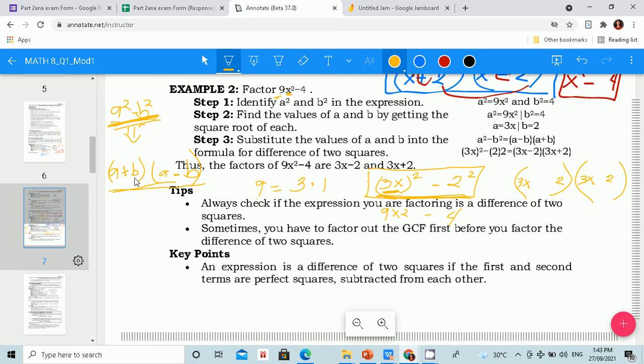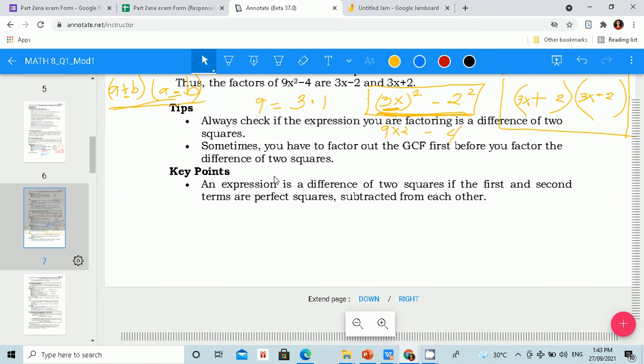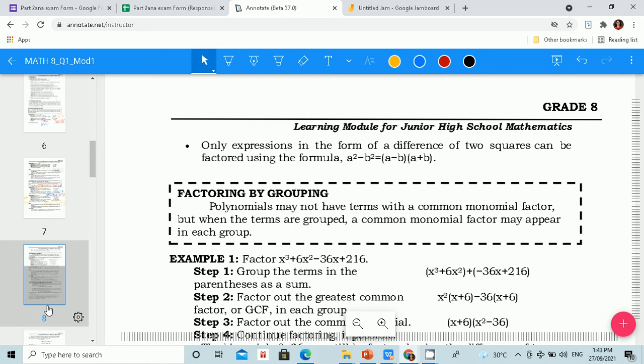O, tanawa, we have plus and we have minus. So, we will just copy. So, our factor is 3x plus 2 times 3x minus 2. This is our factor.